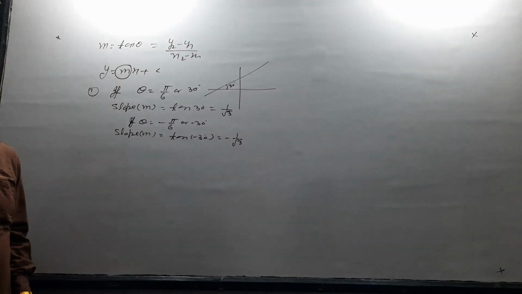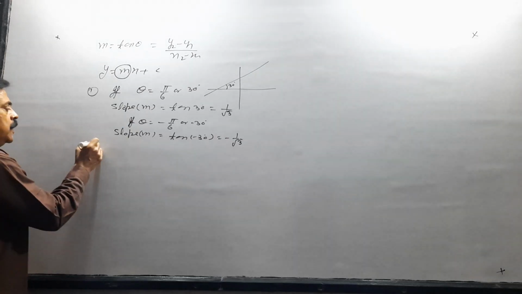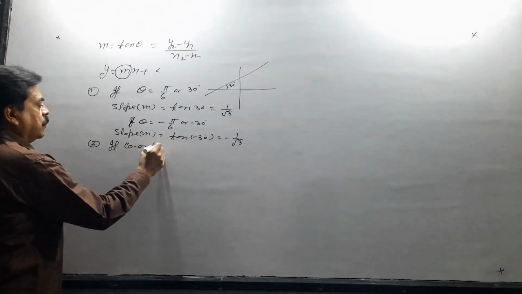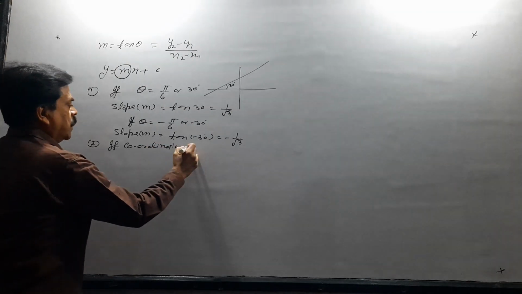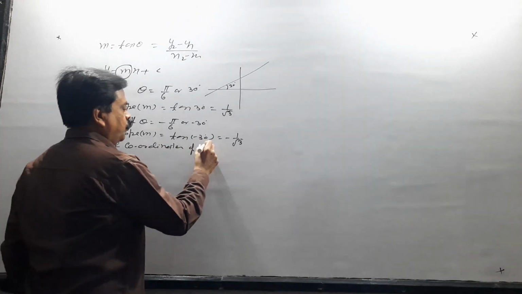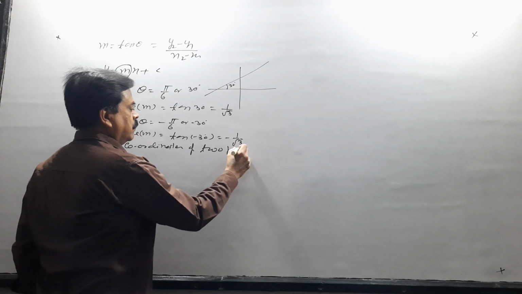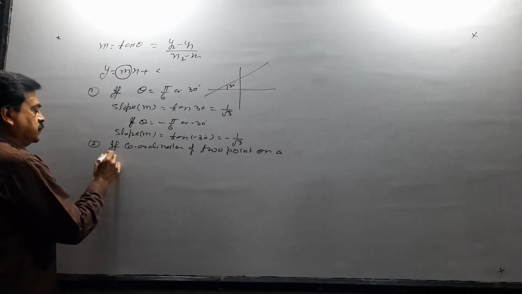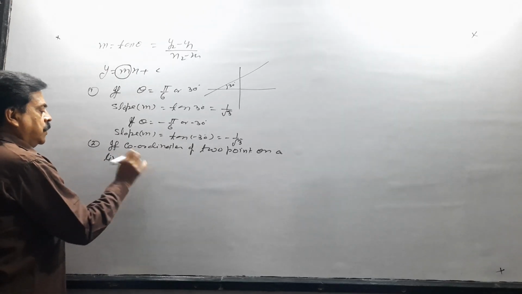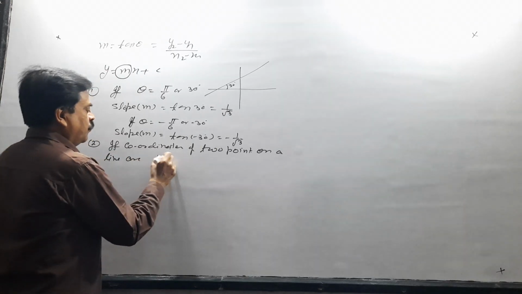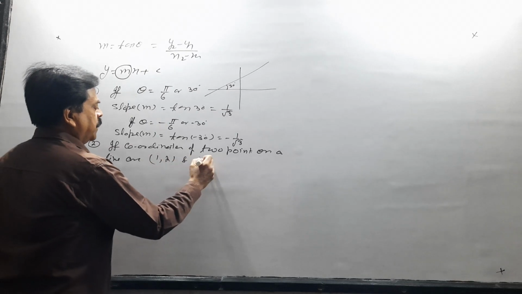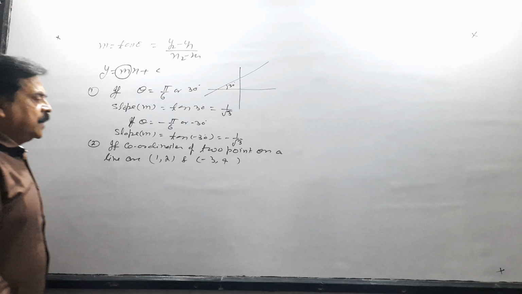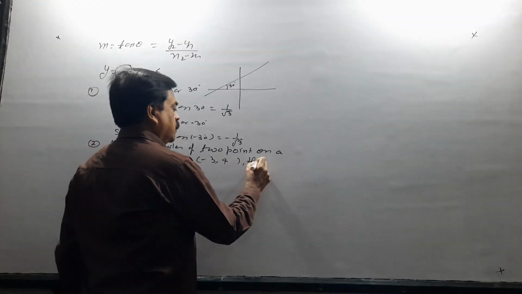Second question, if coordinates of 2 points on a line are (1, 2) and (-3, 4), then find the slope.